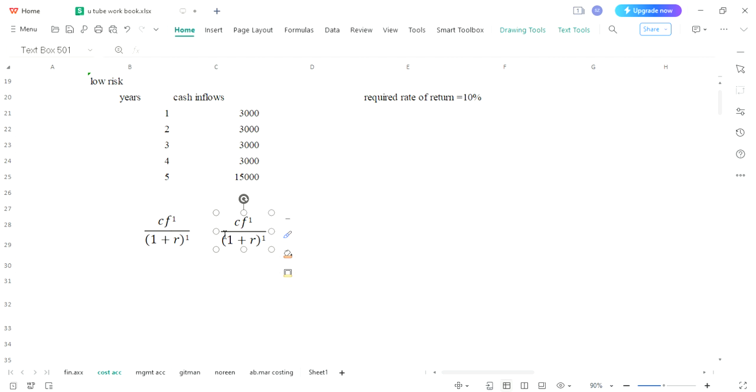Over here you just need to put add, and we need to change its size as well. Okay, so since it's second cash flow, you will put it second, but we need to make it subscript.